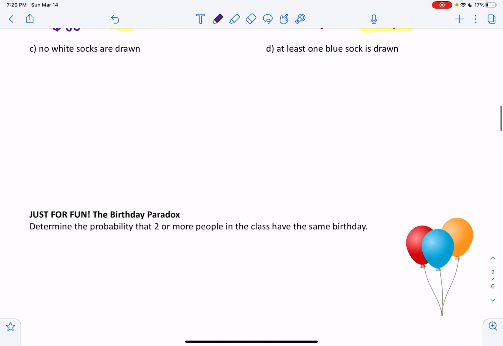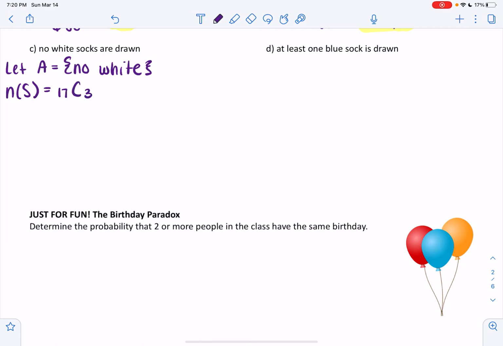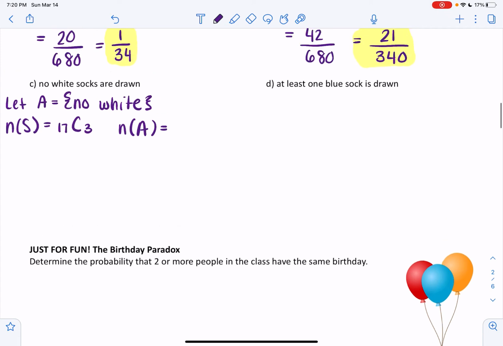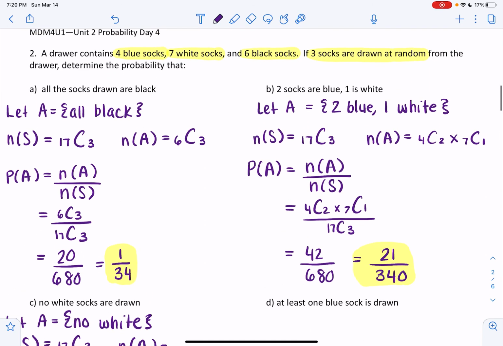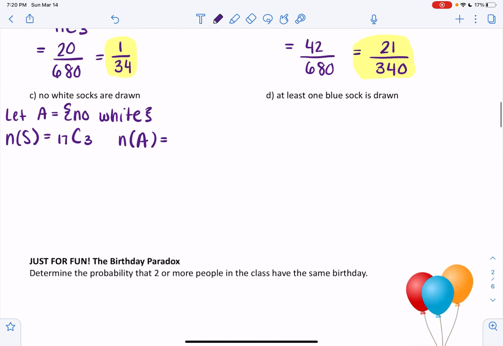So for number C, first define your event. Our sample space is going to be the same. Now for our event space, or the number of ways we can pick no white socks, if I count above, we have 4 plus 6 socks that are not white. So out of the 10 not white socks, we're going to choose 3.